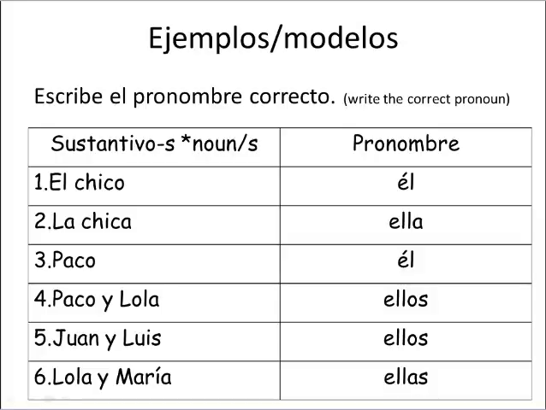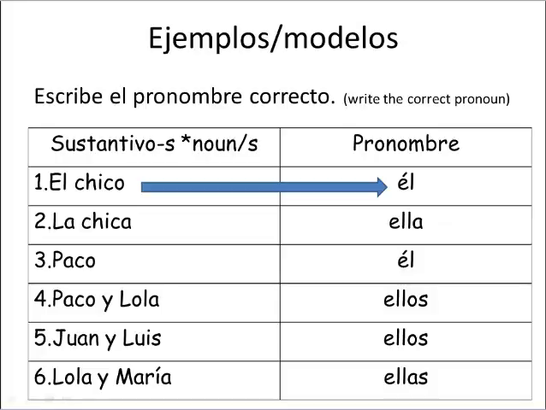So, número uno, el chico. So, el chico, I would be talking about he. So, the pronoun for el chico would be él. So, if I was talking about el chico and I didn't want to say the word el chico, I could simply substitute that with the pronoun él.